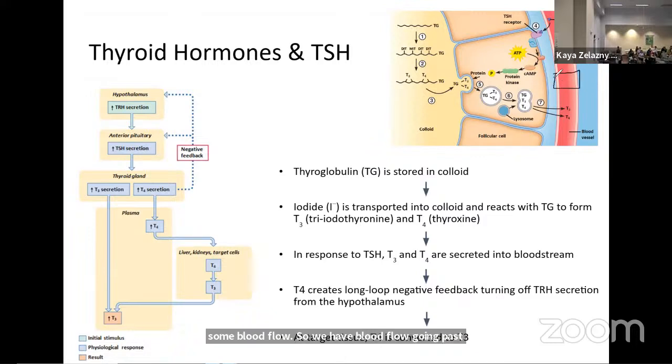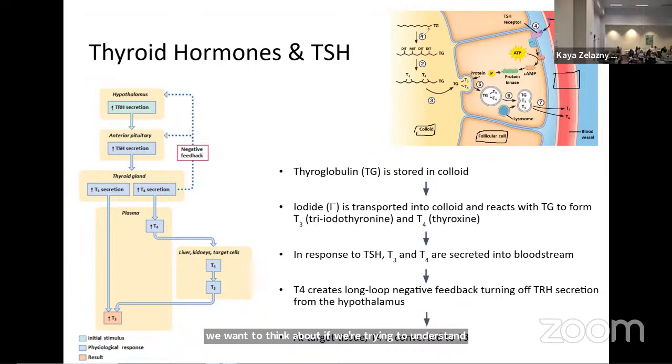Then we have these outer cells called follicular cells, which are kind of like the skin of the thyroid gland. Our follicular cells are here, the ones in a brownish color. They're surrounding a region called the colloid. Here we see the colloid in the center of our thyroid gland. Those are three places that we want to think about if we're trying to understand what's going on.